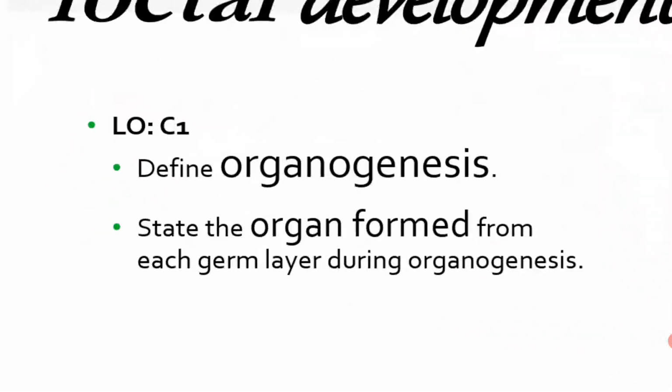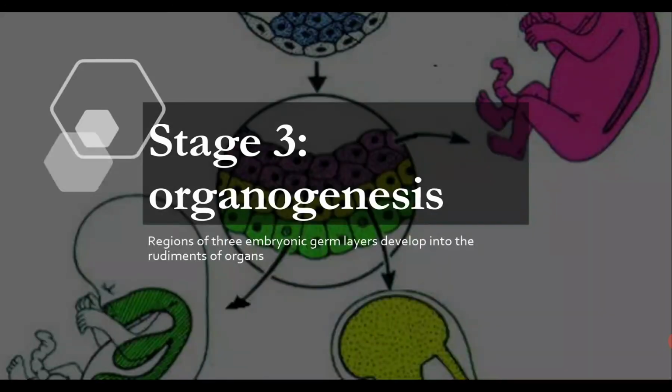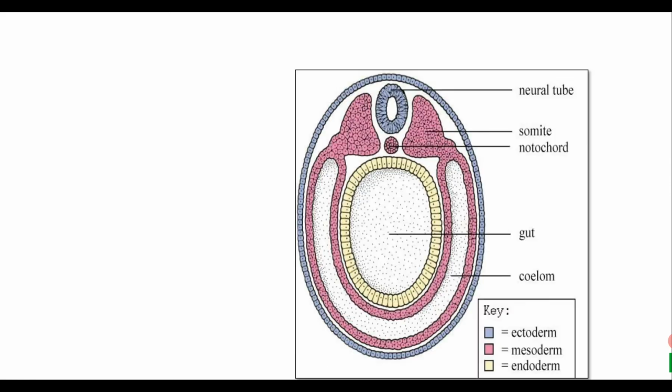That's the first learning outcome, and the second is what organs form. So define organogenesis, and then determine which organ forms from which germ layer. Organogenesis is the process where the 3 embryonic germ layers develop into rudiments of organs. Simple. From the 3 layers, ectoderm, mesoderm, and endoderm, each of them becomes organs. So what organs do they develop?